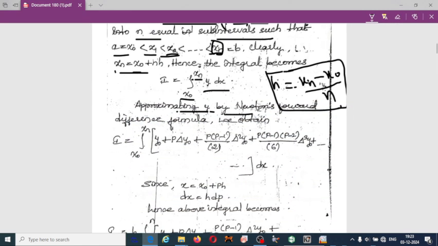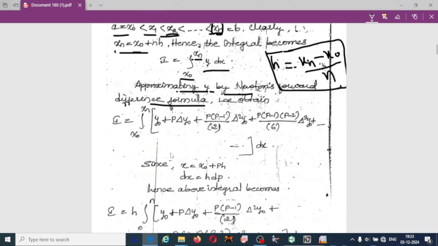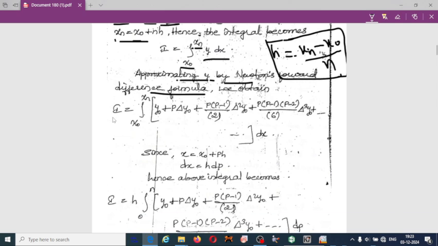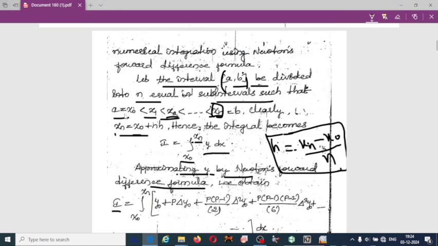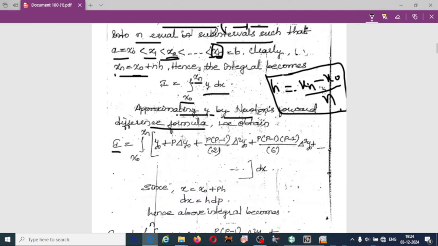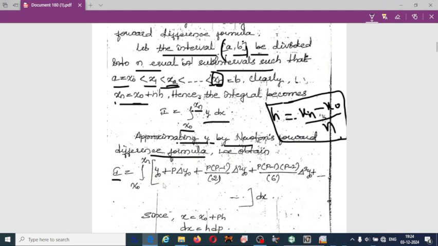So by Newton's forward difference formula we obtain here I is equal to the integral from x naught to xn. Y will depend upon the interval. A and b are divided into different intervals x naught, x1, x2, xn. So for x naught we will have y naught.